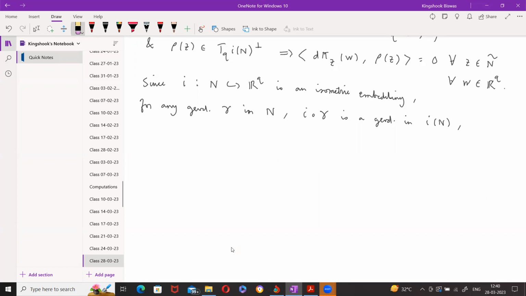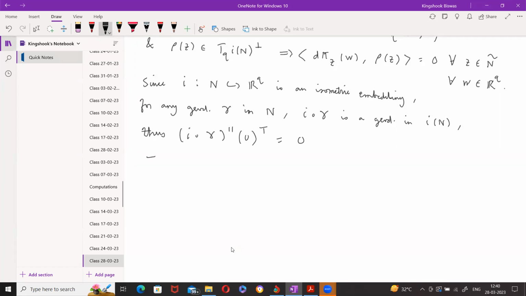So then I compose gamma as a geodesic. If it's a geodesic in the submanifold, then that means its tangential component of its acceleration is 0.